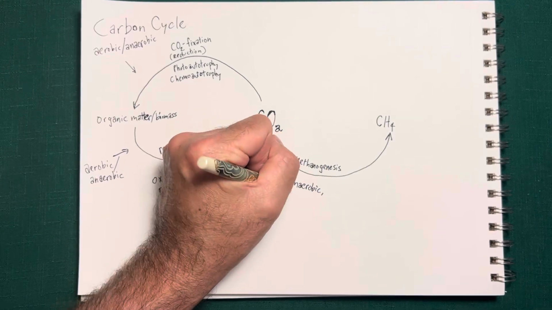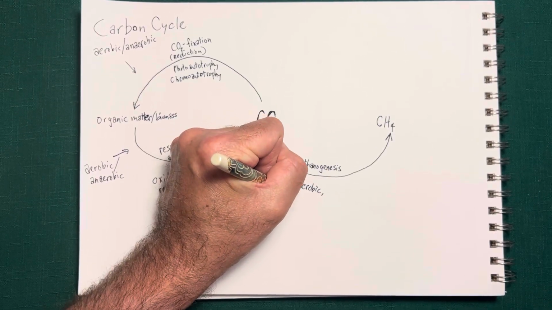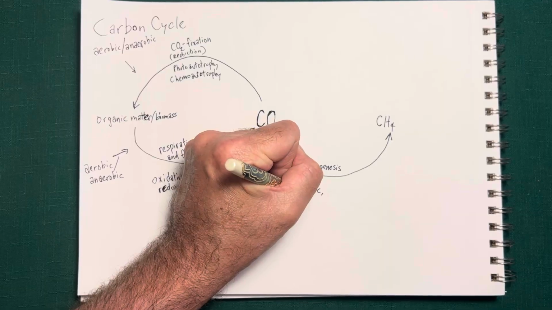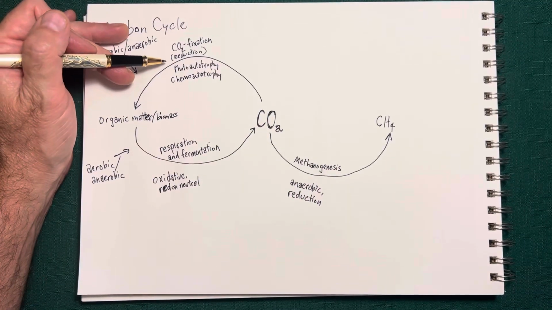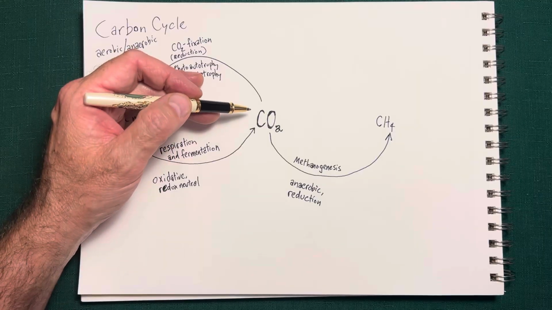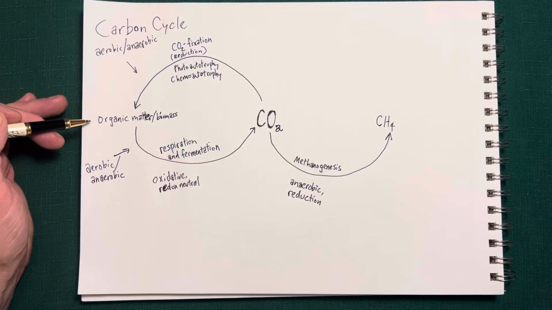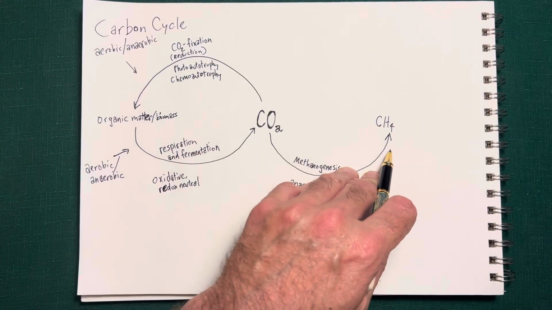It's also a reductive process, so we're doing a reduction reaction here. Similar to what we saw up here through carbon fixation, all this time we're taking the carbon dioxide, instead of turning it into organic matter, we're turning it into methane.